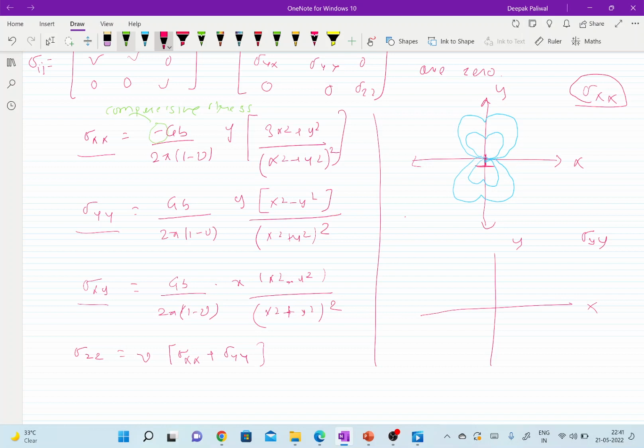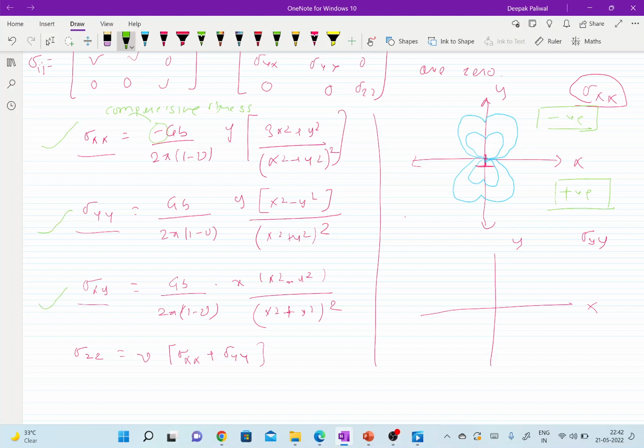One point I should mention: this is the compressive one and this is the tensile one. Above the edge dislocation, sigma xx gives a compressive stress field, and below it gives a tensile stress field. We will learn shortly with the help of these equations how we can know whether it is compressive or tensile.